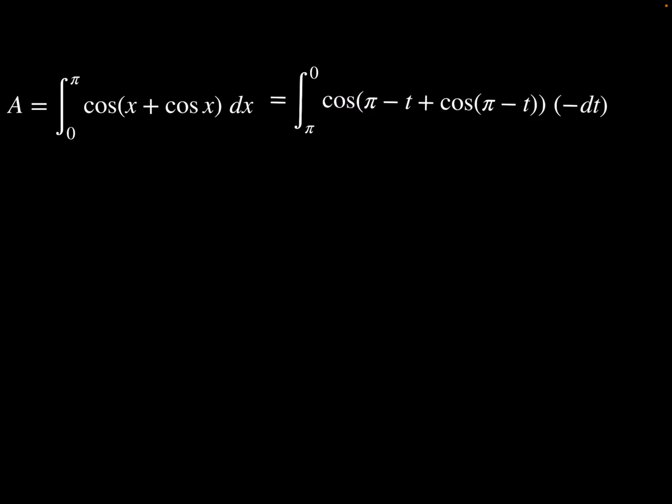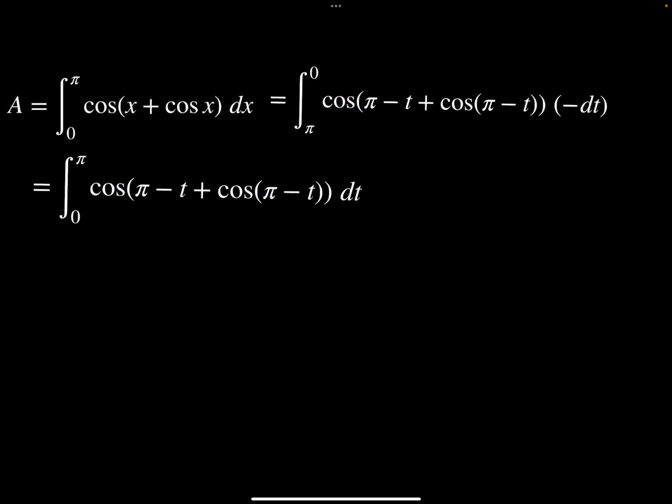Now, we're going to get rid of this negative in front of dt by simply changing the order of integration. So the upper limit is going to become the lower limit and vice versa. So we get that this is equal to the integral from 0 to pi of cosine of pi minus t plus cosine of pi minus t dt.